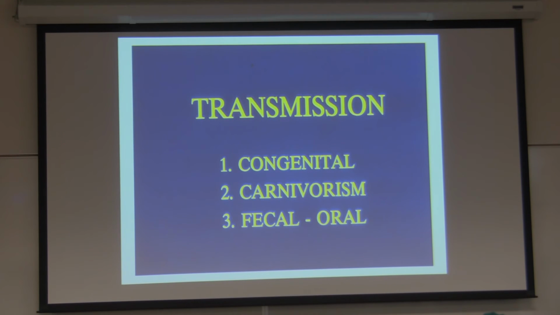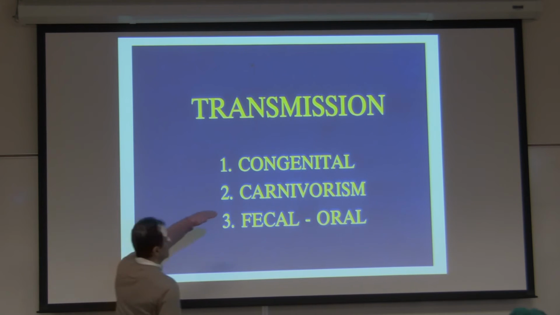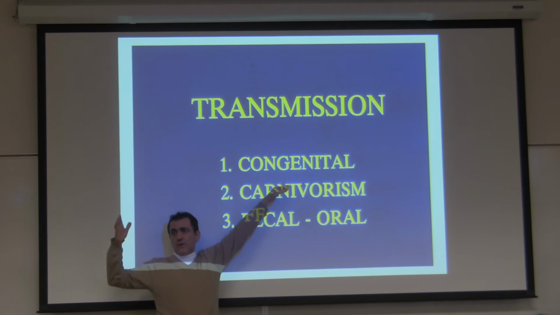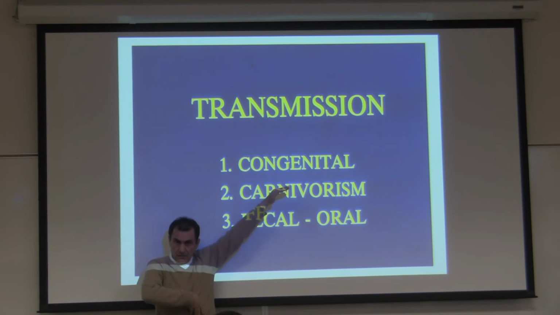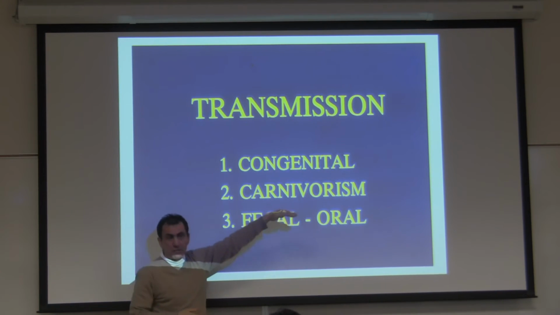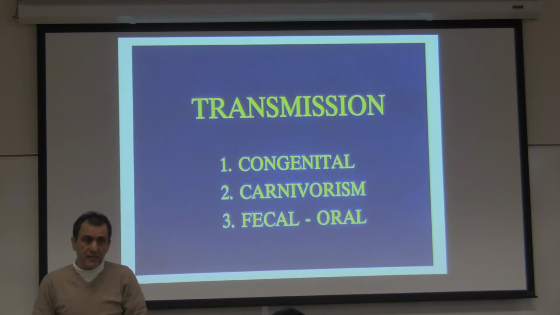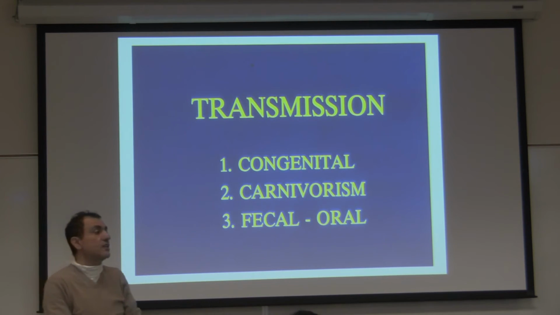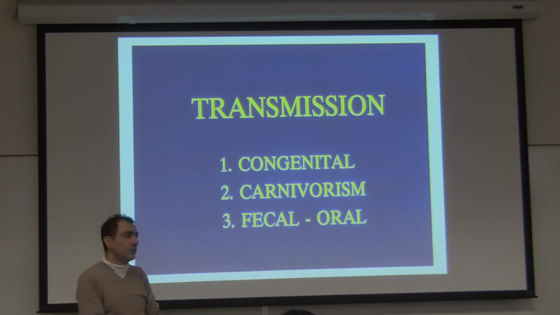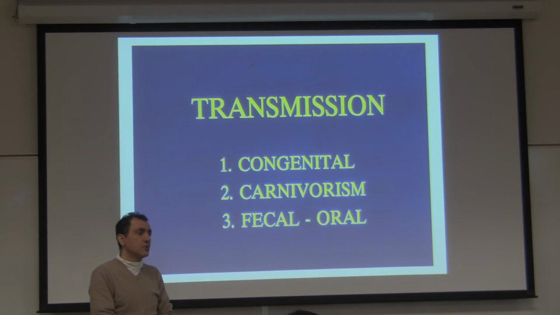So, transmission, there are three possible transmissions. One of them is congenital. What does that mean? From mother to fetus. That's what congenital means. The other one, carnivorism, we eat meat. Yes, there are a few studies that show that we humans will most likely become infected by eating pork.